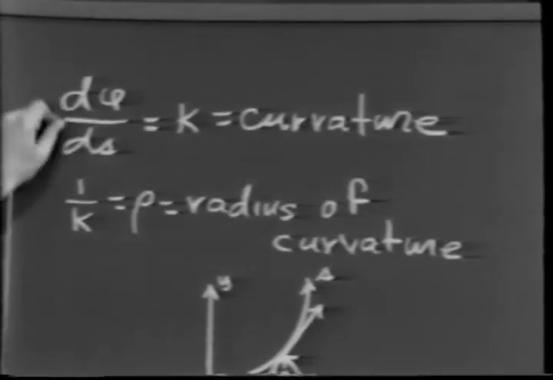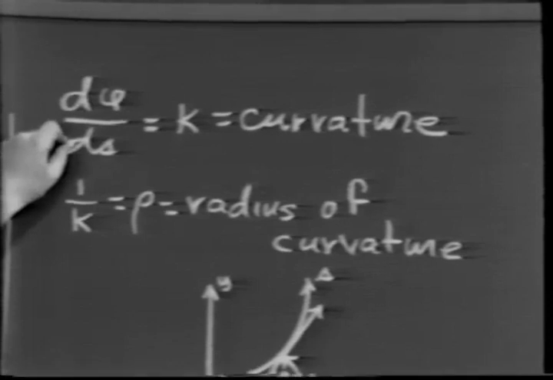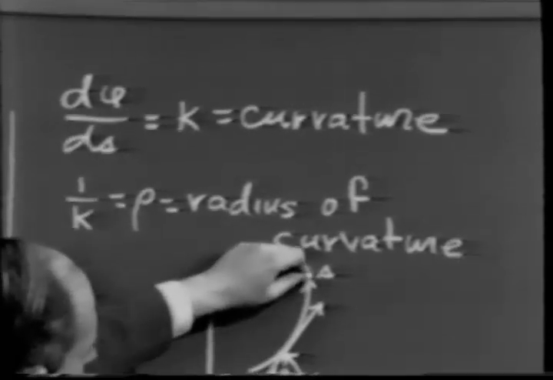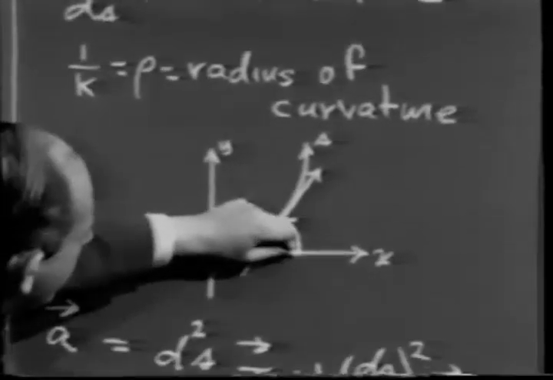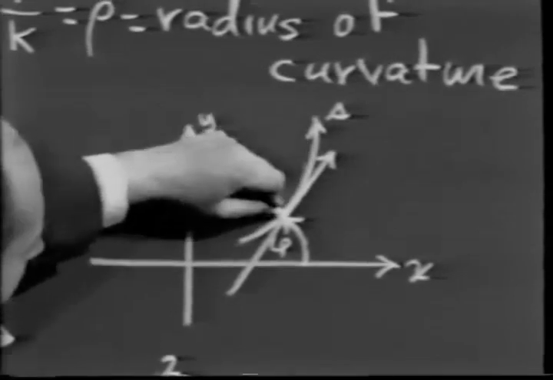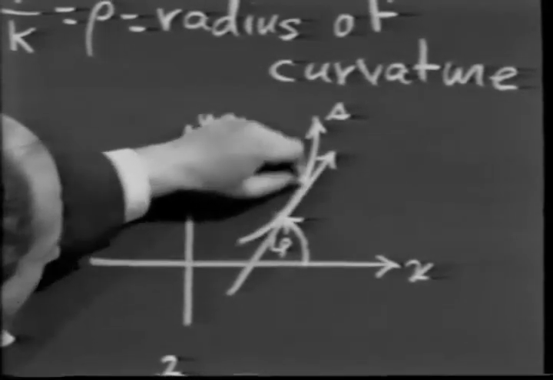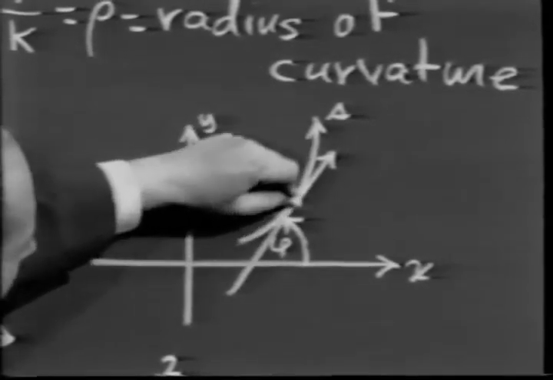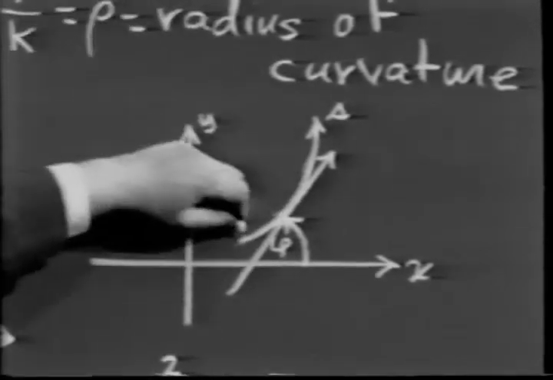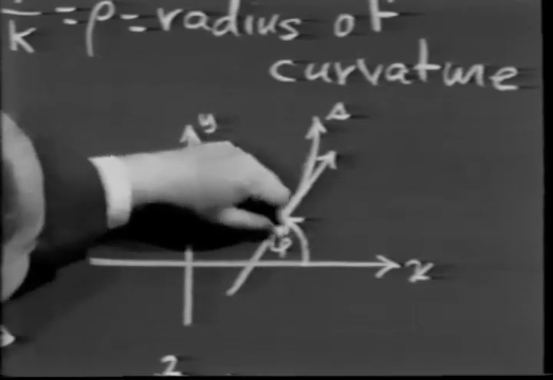But all I wanted to do in this lecture is to show you why d phi ds is such a natural thing. Look at the curve S. As you move along this curve, notice that the change in phi with respect to s, in a way, tells you how the shape of the curve is changing. In other words, d phi ds measures how, what could be a more natural word than curvature?